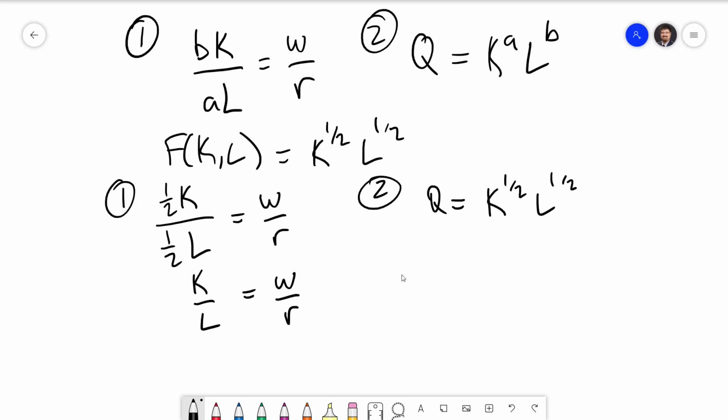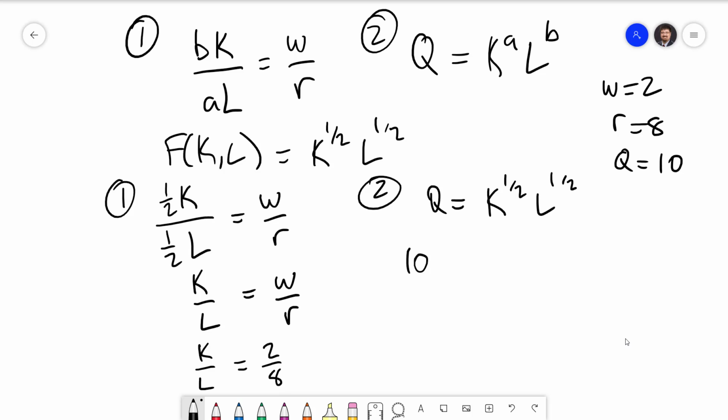To do our cost minimization, we're going to use W equals 2 and R equals 8, and we're going to have a target output of 10 units. Let's plug all these numbers in. So we're going to get K over L equals 2 over 8, and we're going to have 10 equals K to the 1/2, L to the 1/2.